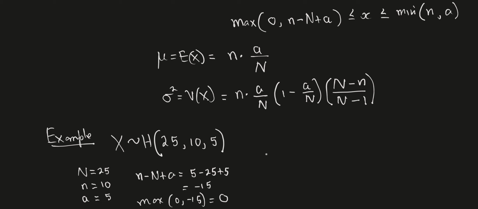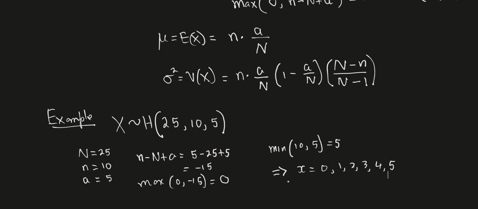And as far as the upper limit, we just take the minimum of our 10 and our 5, and the minimum there is 5. So putting these two things together, x can be any integer from 0 to 5. So 0, 1, 2, 3, 4, 5. That's our sample space.